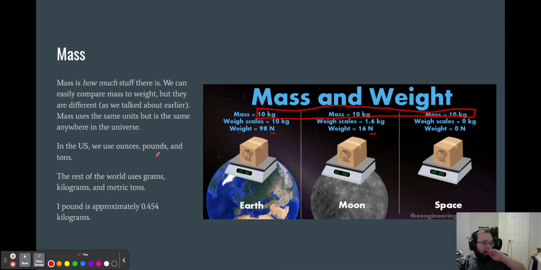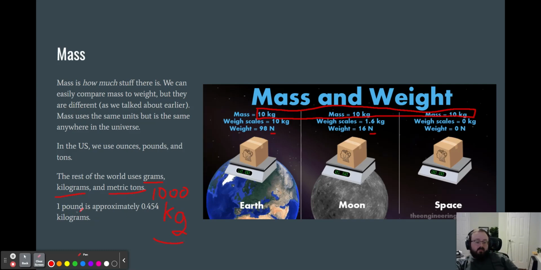So in the U.S., we use ounces and pounds. So 16 ounces to a pound, and then we'll use tons, which is 2,000 pounds. Not using that here. The rest of the world in the metric system, we use grams, kilograms, and metric tons. Metric tons is 1,000 kilograms. And I'll talk about this nomenclature of the kg at the very end because we're going to talk about nomenclature of symbols.